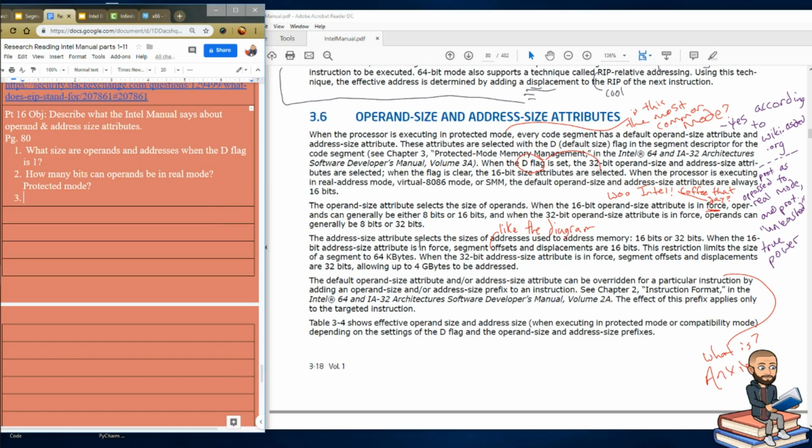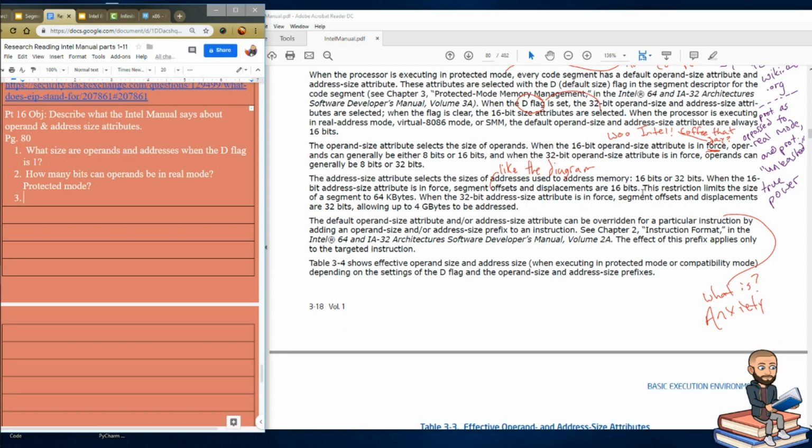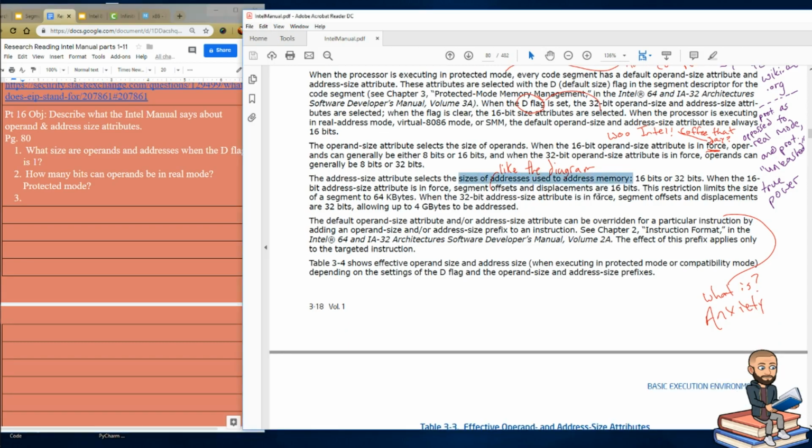Now the address size attribute selects the size of addresses used to address memory. The redundancy there. And now these addresses can be either 16 bits or 32 bits. When the 16-bit address size attribute is in force, segment offsets and displacements are 16 bits. This restriction limits the size of a segment to 64 kilobytes.